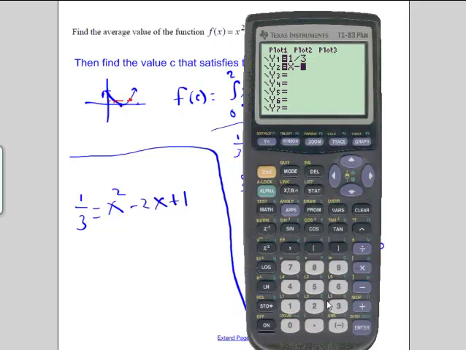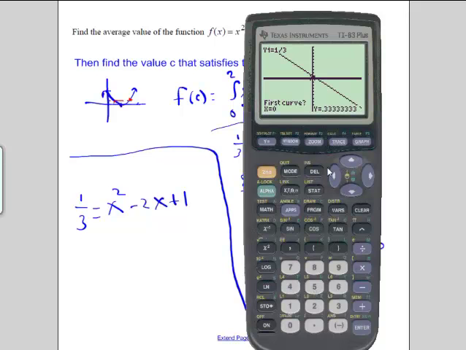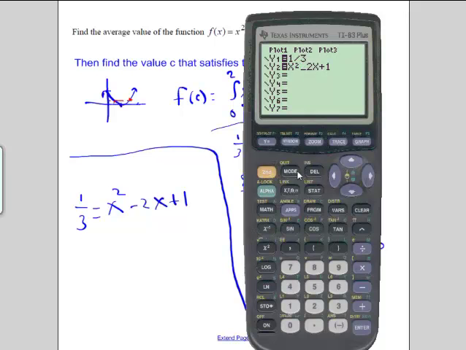If you have an Inspire calculator, you can just use the solve button for this, but for us still using the 83s and 84s, graphing I think is the easiest method. So we're going to see where it intersects. I forgot to add a squared. So then we just find where it intersects.